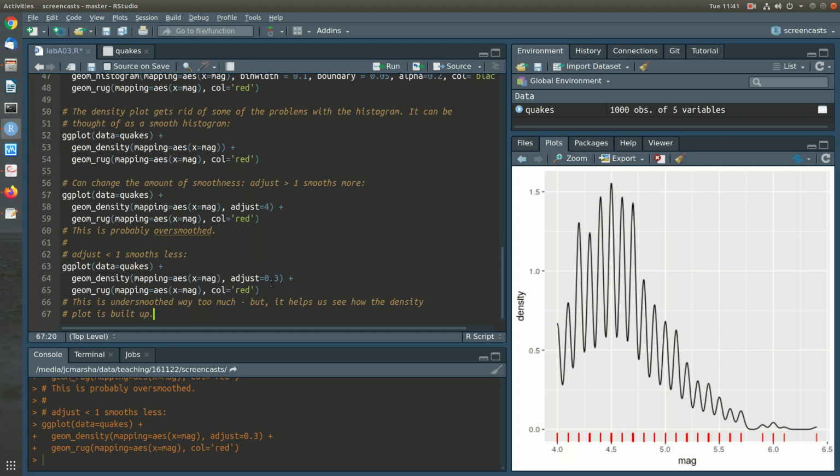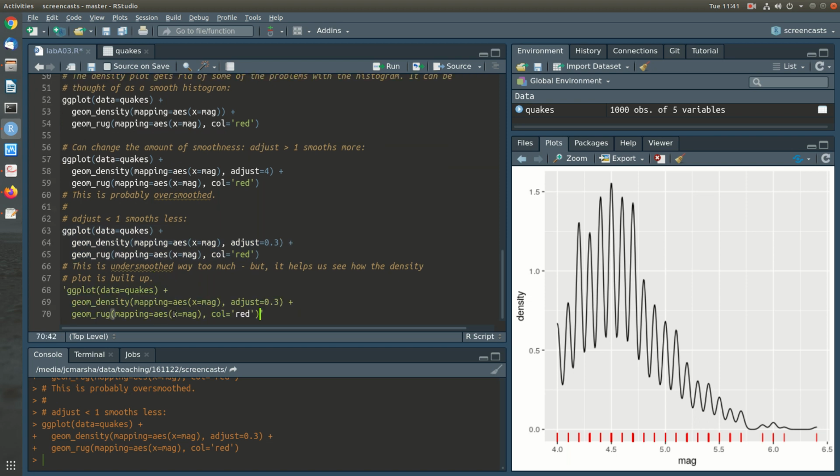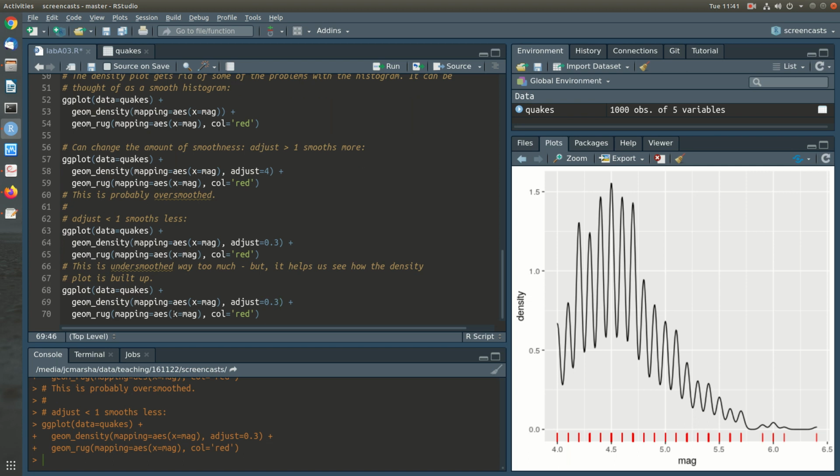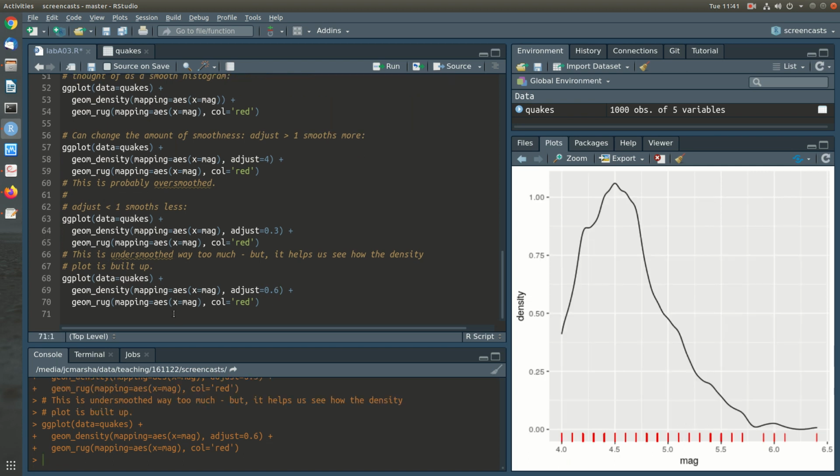So if I increase the adjust a little bit. Whoops, somehow I put it in quotes then. So maybe 0.6. Right, so you can start to see that it's smoothing less, but we're still probably undersmoothing here.